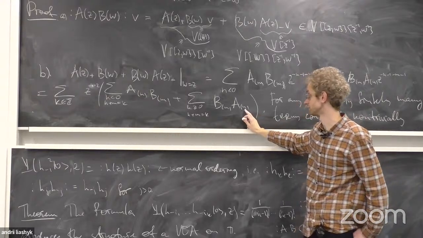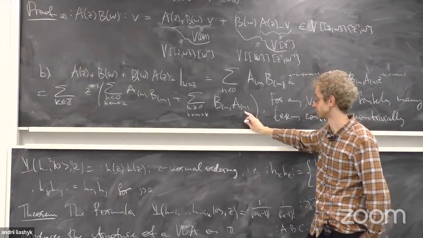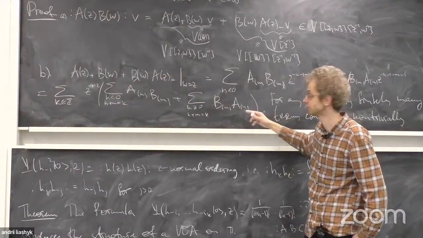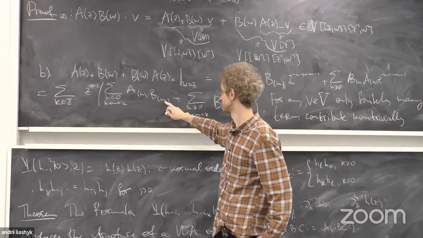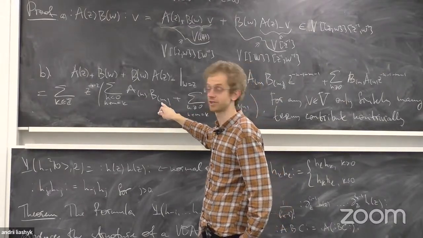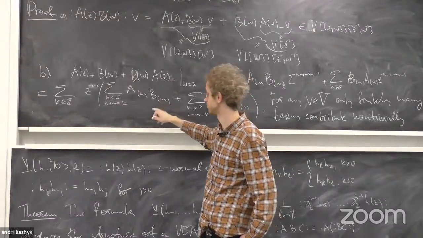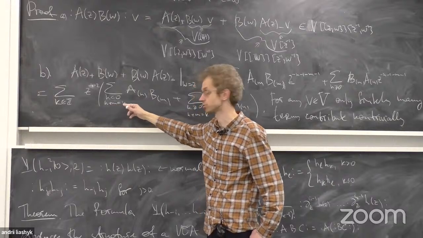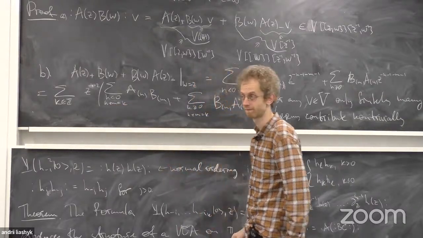Here they are positive, so there are only finitely many here, and here this can be negative in principle, but there are only finitely many negative terms here, because n is strictly less than 0, and n plus m should sum up to something fixed.